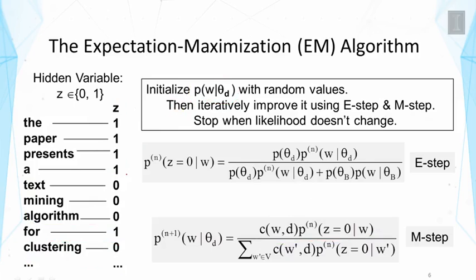Okay, so as I said, the bridge between the two is really the variable z, hidden variable, which indicates how likely this word is from the topic word distribution theta sub d. So this slide has a lot of content, and you may need to pause the video to digest it. But this basically captures the essence of EM algorithm.